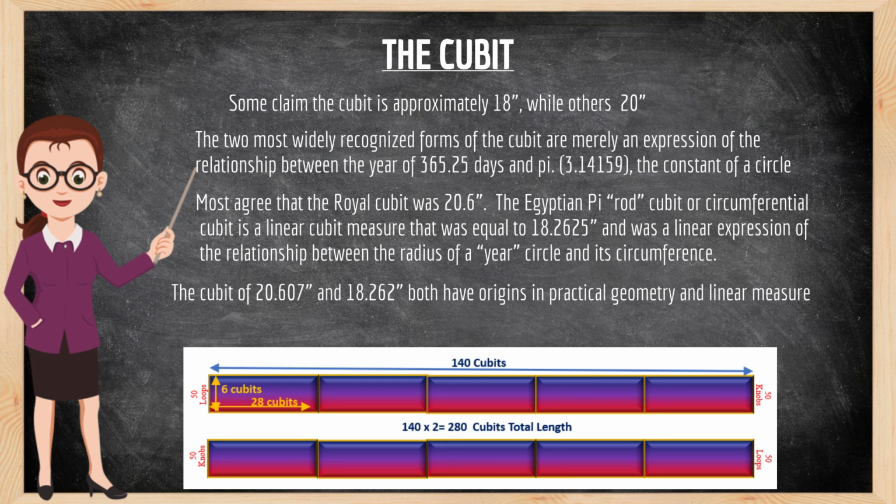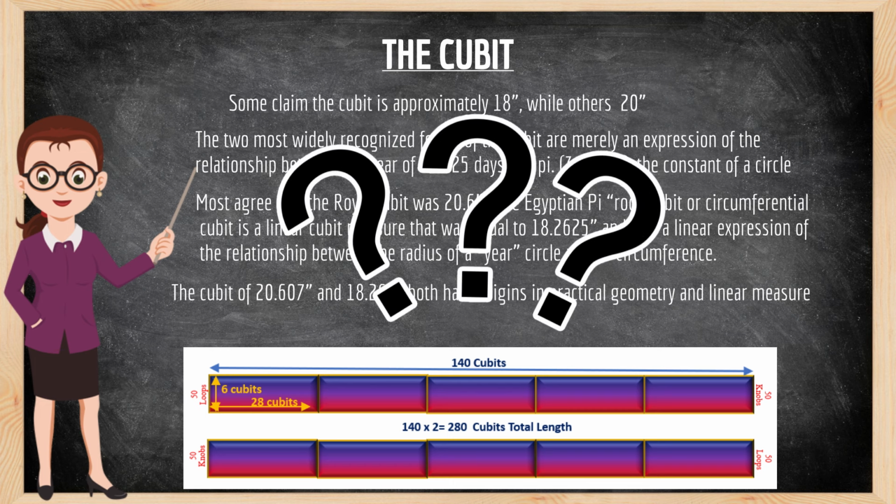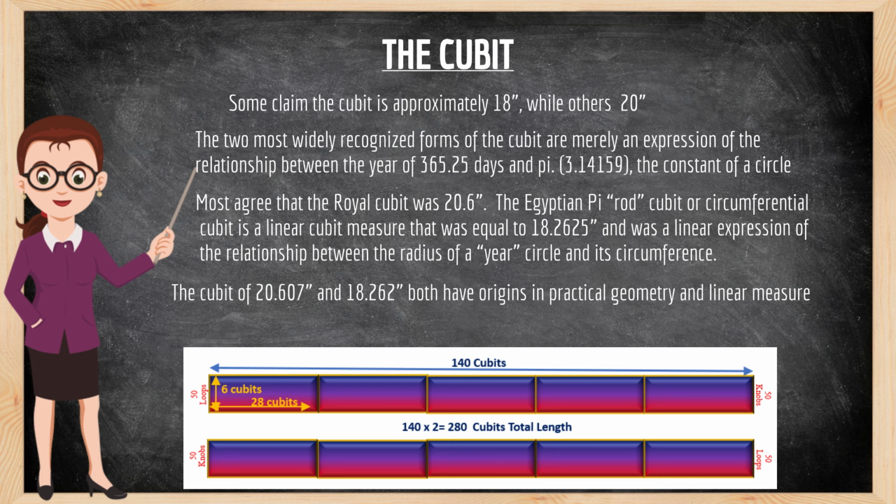So the cubit of 20.607 inches and 18.262 inches both have origins in practical geometry and linear measure. So which cubit then was used for building the tabernacle? Many think it was the royal cubit, but interestingly, the curtains themselves tell us. So let's take a look.